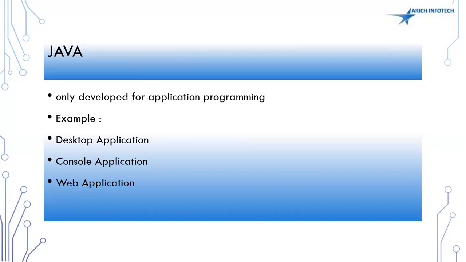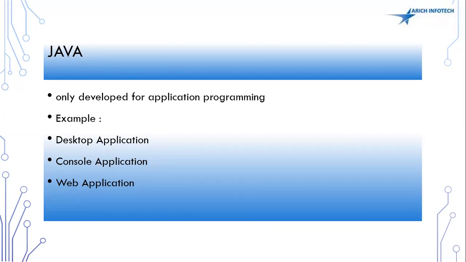So Java. I want to say that Java is not a pure object-oriented programming language. Java is an object-oriented programming language because multiple concepts Java does not support, like multiple inheritance and operator overloading.